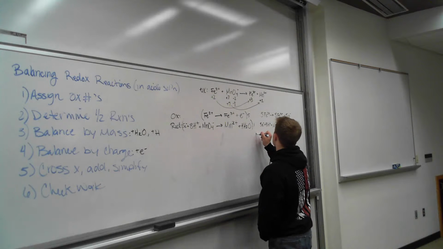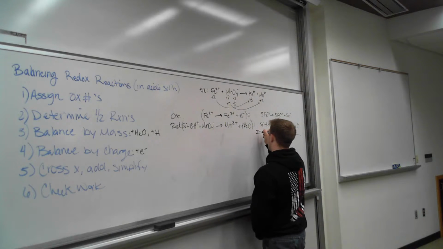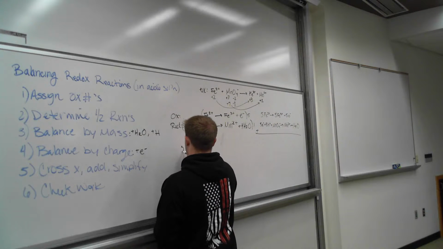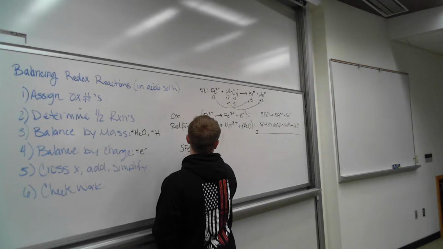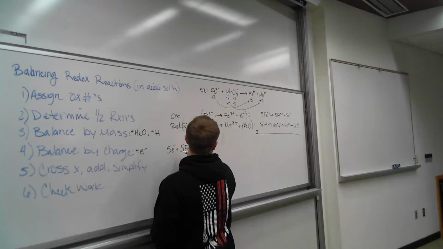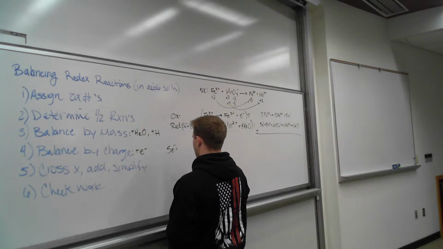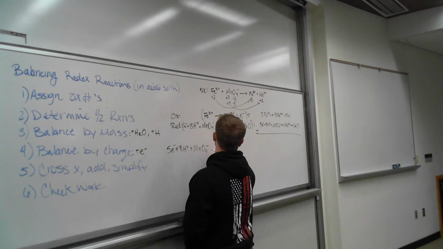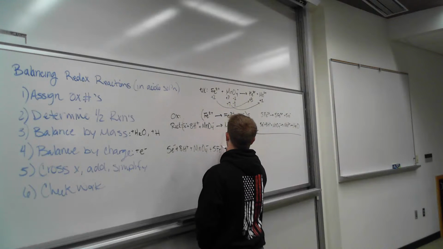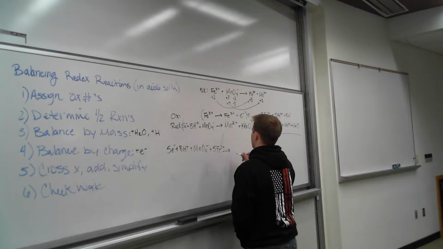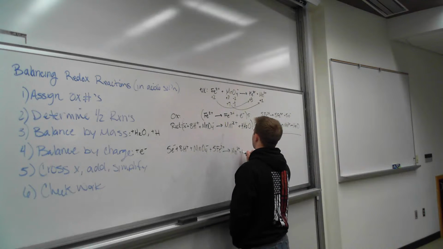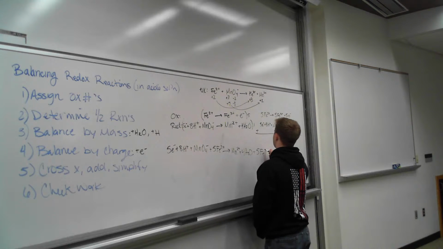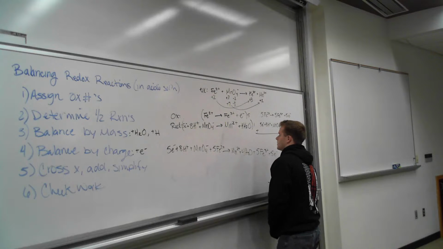Now we're going to recombine them. So we're going to add our reactants together and our products together. We'll be left with 5 Fe2+ plus 5 electrons plus 8 H+ plus MnO4- becomes Mn2+ plus 4 H2O plus 5 Fe3+ plus 5 electrons.